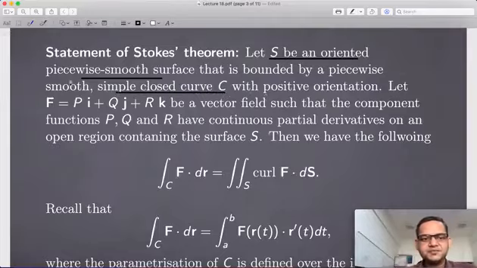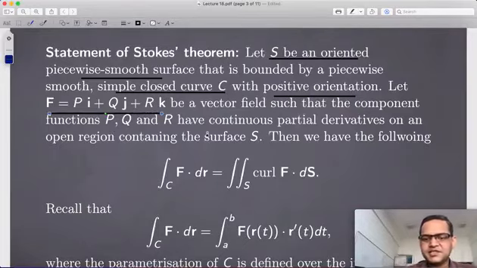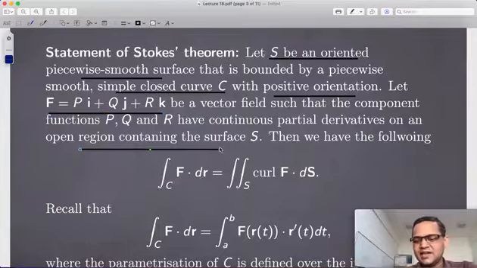This curve is piecewise smooth and simple closed, that means it meets at the end point, and it has the positive orientation, okay? And suppose I have a vector field such that the component functions have continuous partial derivatives, and these derivatives make sense in a slightly larger region containing the surface, okay?